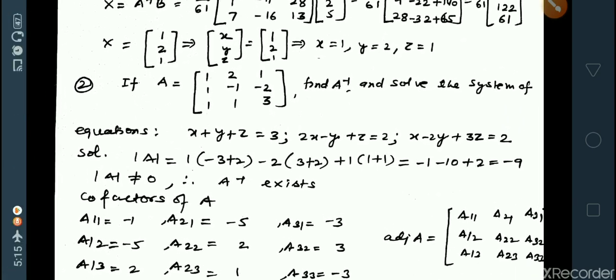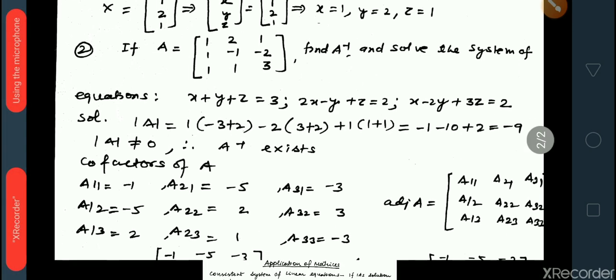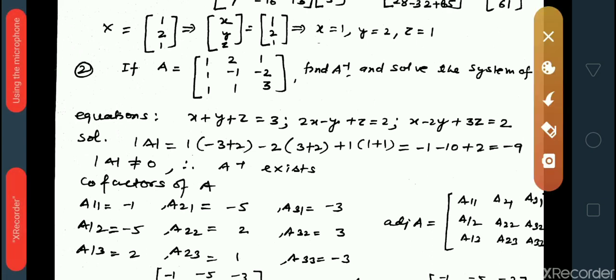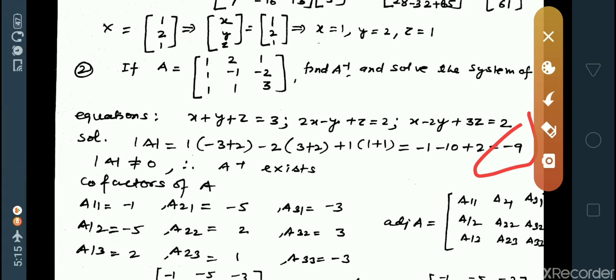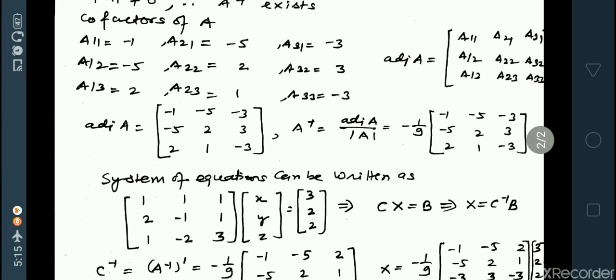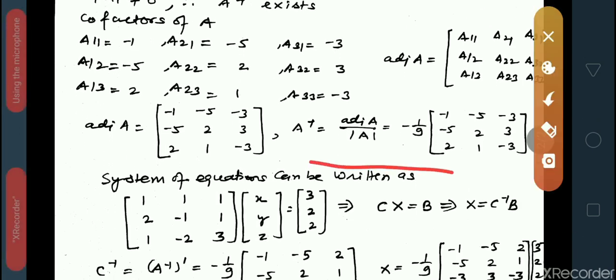First we shall find A inverse. Simple. First find the determinant of A, and it is -9, which is non-zero, so that means A inverse exists. Now find cofactors of A. After finding cofactors, we shall find adjoint of A, and after finding adjoint, we shall find A inverse.